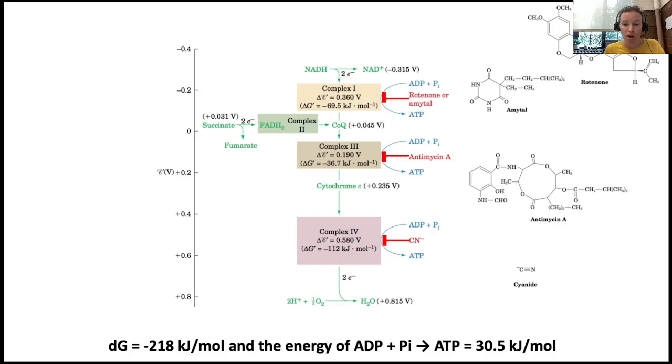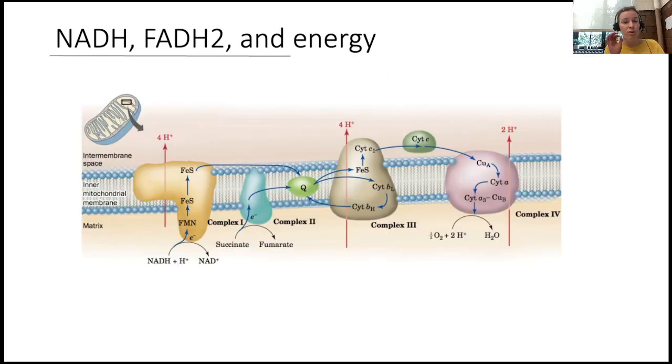If all this energy is being released simply by electrons moving through the electron transport chain, where is that energy going? Let's keep in mind, folks, that the inner membrane space has a high concentration of protons, and the matrix has a low concentration of protons. This means that as we are moving protons from the matrix into the inner membrane space, we are working against the gradient.